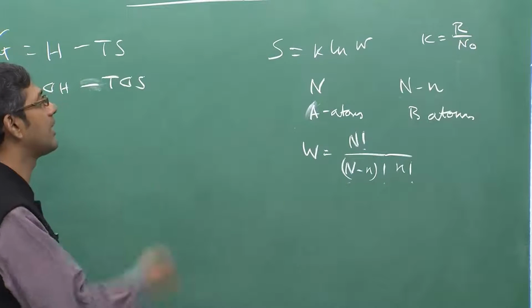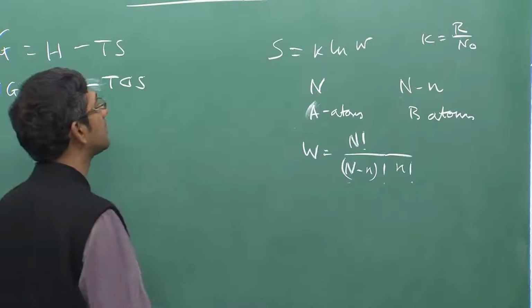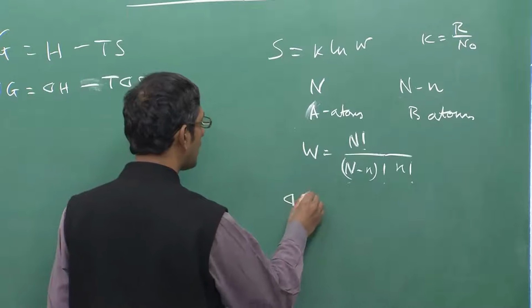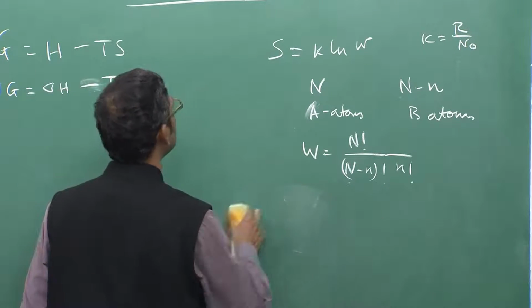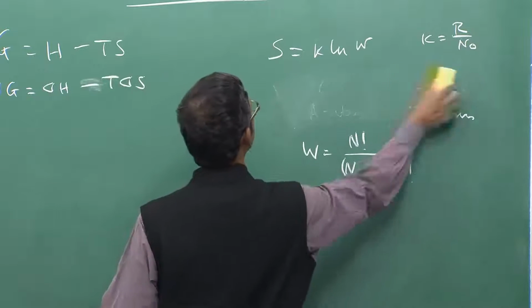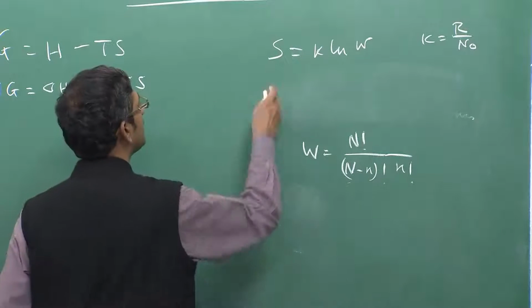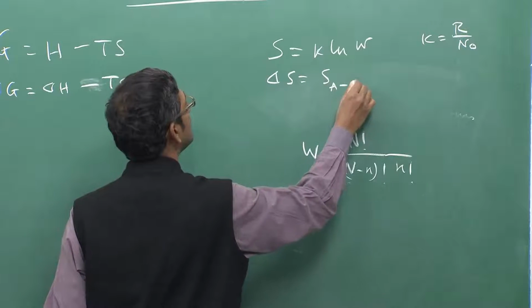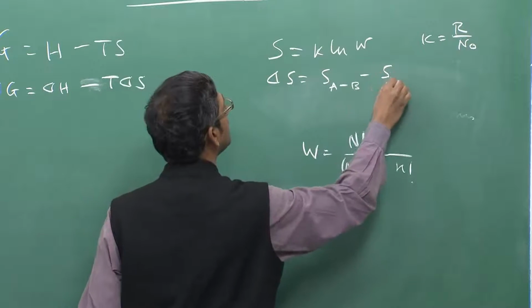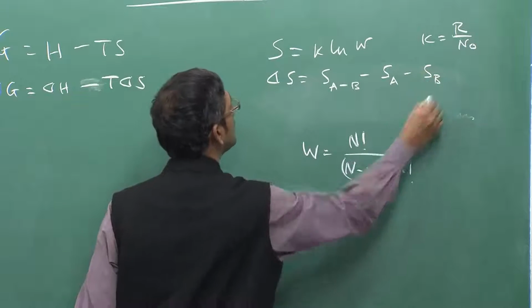Now, if I have to calculate delta S of a system, I will write S AB minus SA minus SB. Why?